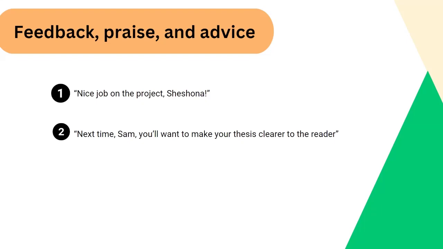But again, it's not always feedback. So the first one says, nice job on the project. That's something that a lot of us say. We write this on the notes, we type this on the students' projects, and then we give a grade for the project. But this doesn't count as feedback.